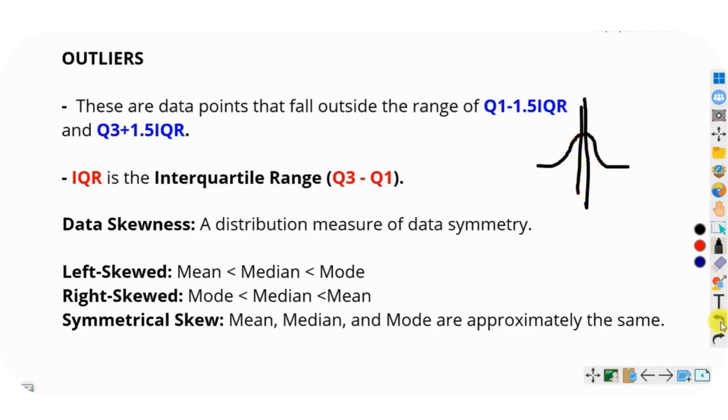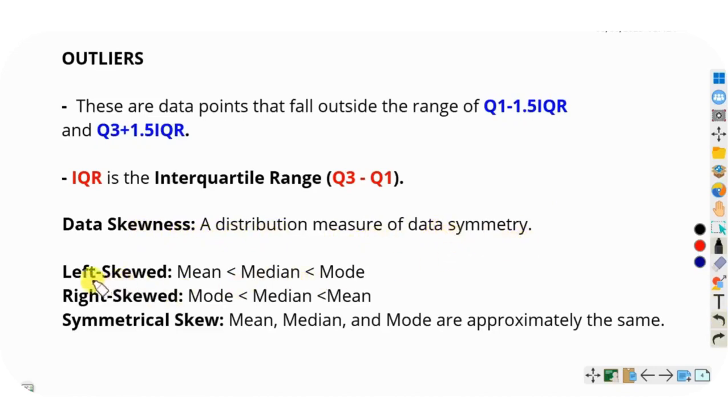But sometimes the data can look like this. See, it is skewed to one side, or it can look like this. You can see the skew, it is moving towards one side, right? So in this case, it is not symmetrical. So data skewness is the distribution measure of the data symmetry.